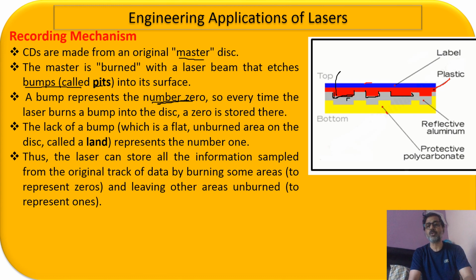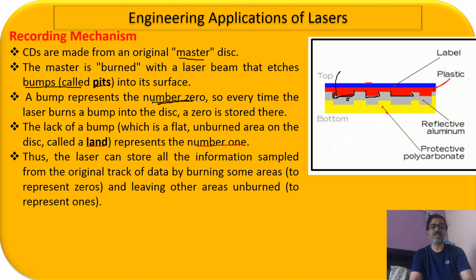So wherever it has been burned, it is going to represent the number 0. And in between, the plain surface that you are getting is called land. So the plain surface in between is called land, and land is going to represent 1. So in this way, the information has been converted on the plastic surface into 0101 like this.